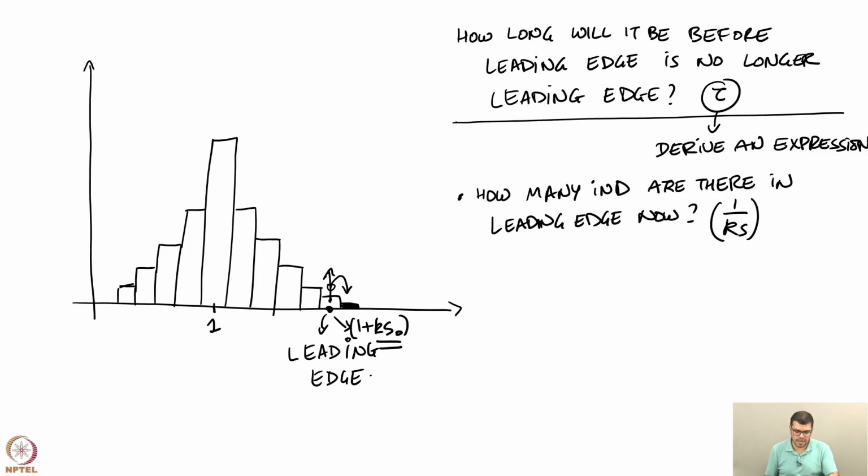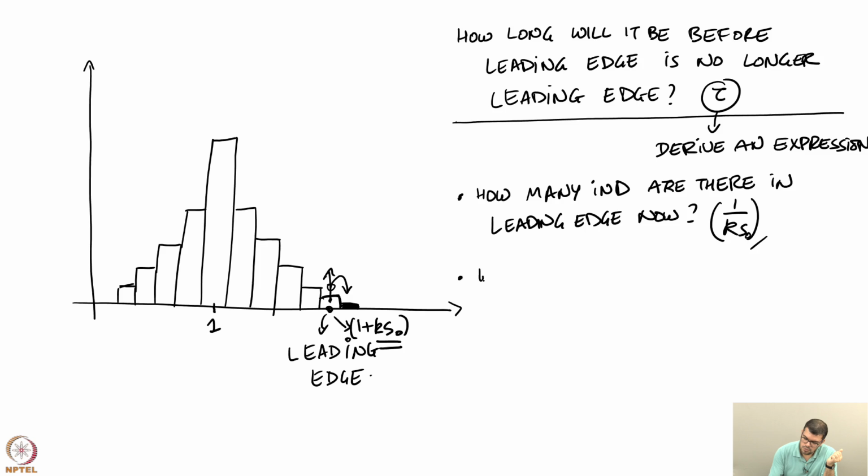However, in this case the advantage is K s naught, and since we are saying that our leading edge is fully established, that means its numbers must be 1 by K s naught, so that we can say confidently that it has escaped drift and this is my leading edge. So, the number of individuals is 1 by K s naught once it gets established.